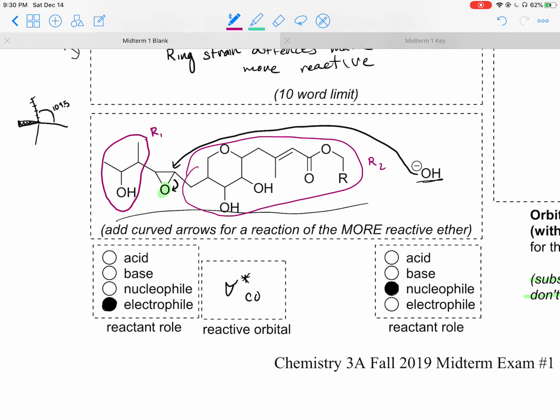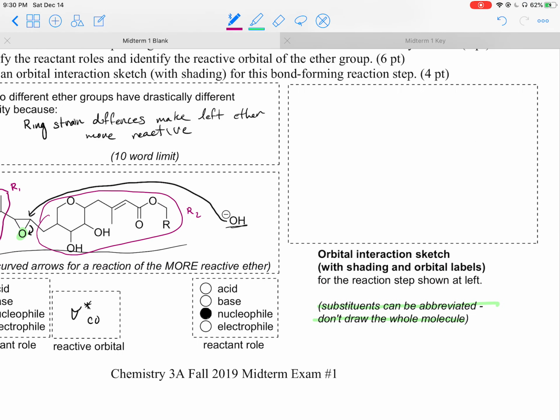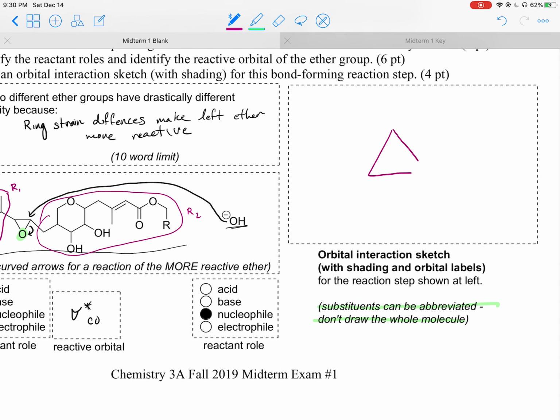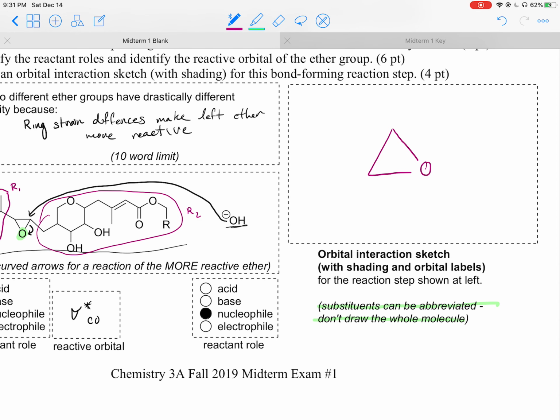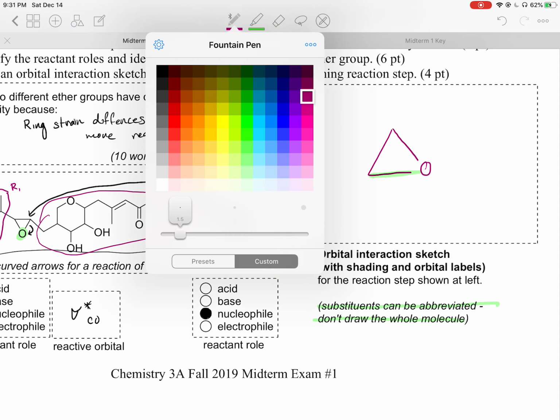Okay, so let's draw our equilateral triangle. Let's start with that. And then we're going to have oxygen at one of these corners. And we are going to break the bond with the carbon. So we're going to break this bond. Let's highlight it. We're breaking this bond.